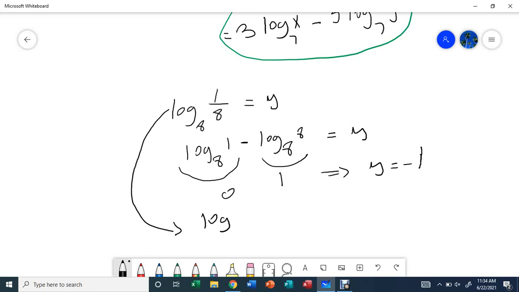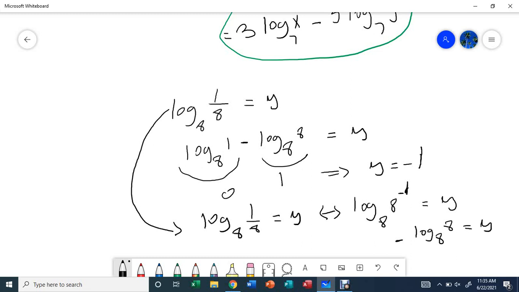So log base 8 of 1/8 equals y is equivalent to log base 8 of 8 to negative 1, that's the reciprocal rule for exponent, equals y, and now use the power rule and put negative 1 in front, so you get negative log base 8 of 8 equals y, and as you can see, log base 8 of 8 is the rule of base, which is just 1, so we get negative 1 for y, and that's my solution to that equation right here, this equation on the top.